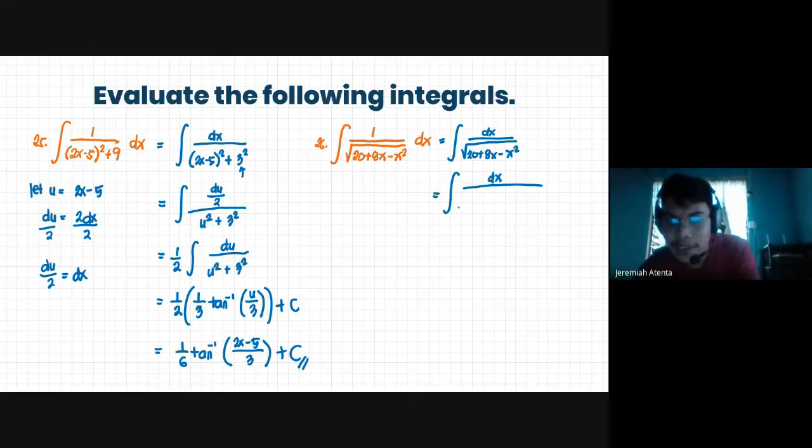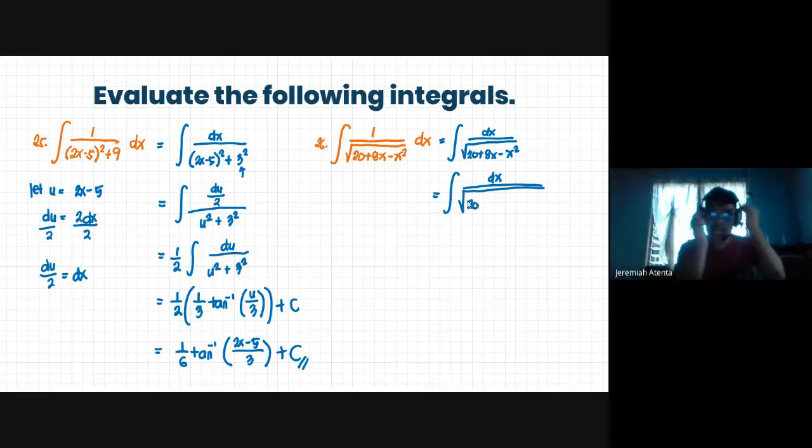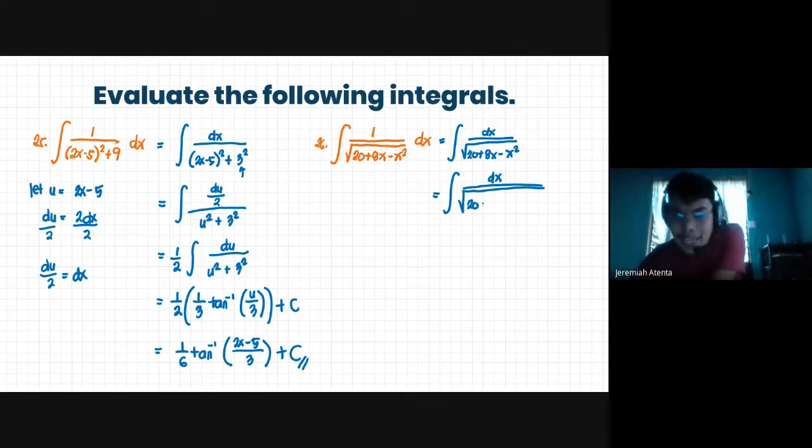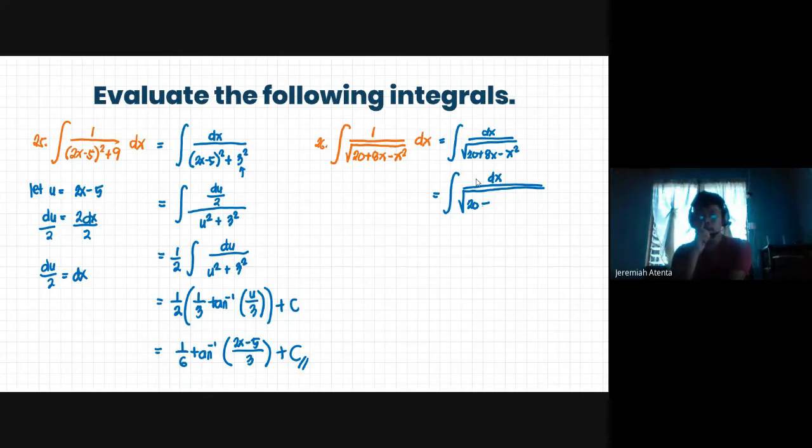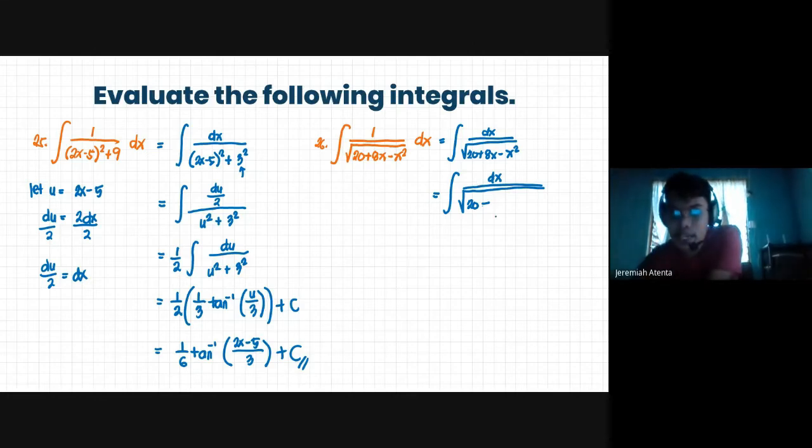Okay? So, in this case, we can have this as the square root of 20. Si 20 yung constant. So, ano natin siya? I-separate. Okay? Minus para ma-apply natin yung completing the square. Okay?